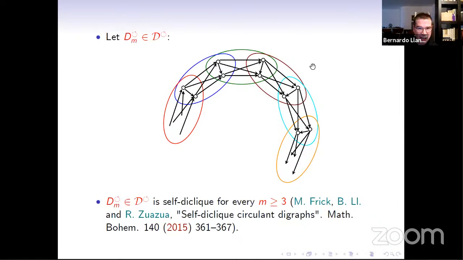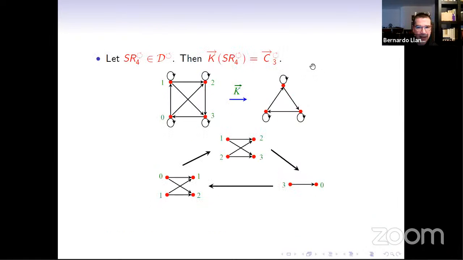So to finish the talk, let me compare two cases: the class in which every vertex has a loop and the class in which not. For example, here we have a semi-regular tournament. This is a tournament of 4 vertices. It is semi-regular. It's not important for this talk.